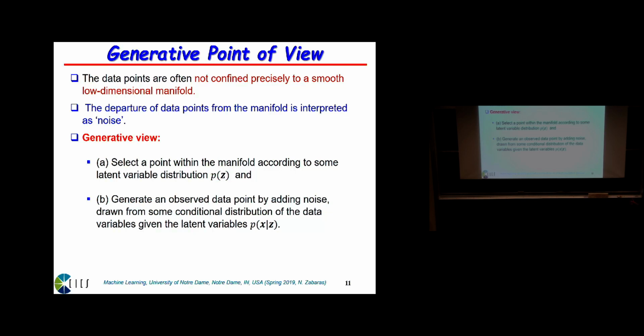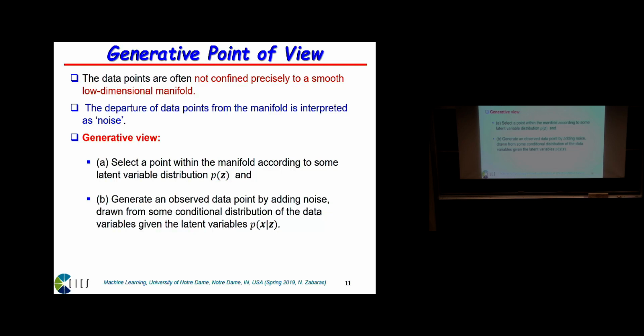So what I would like to do is follow what's called a generative point of view of model reduction here. So not only do we want to find a latent representation of some high-dimensional data, but we would also like to be able to generate more data than the ones that I gave you.